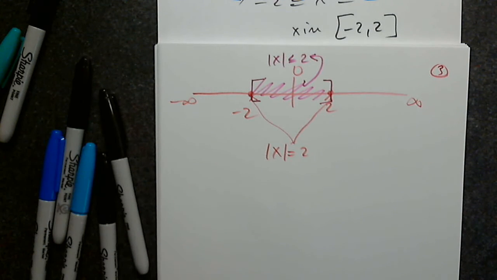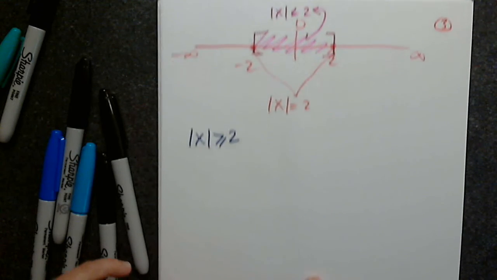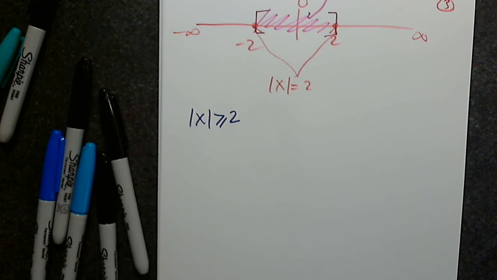Now finally, stay with me please. We are solving this inequality. I can write it in words if you'd like, or we just discuss it. This says, find the values of x whose distance from 0 is 2 or more. It's not 2 or less, but it's 2 or more.